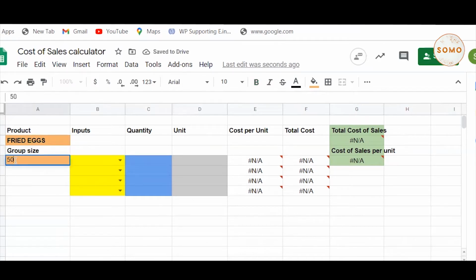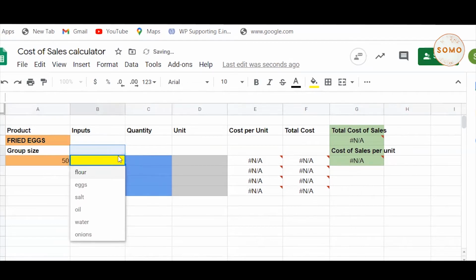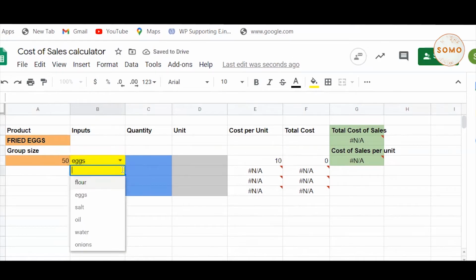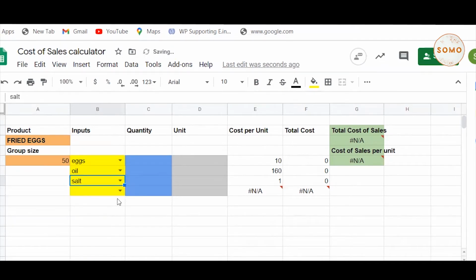That is, we're making 50 roll eggs. Our inputs for fried eggs: the first input is eggs, the second input is oil, the third input is salt, the fourth input is onions.